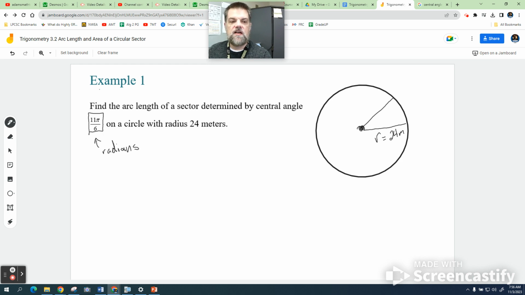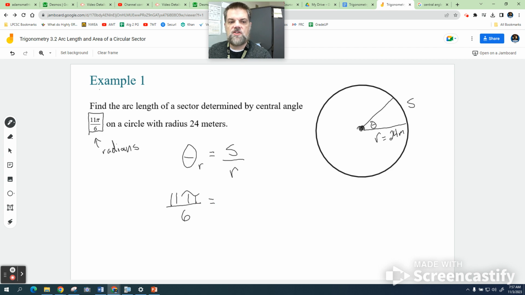Yeah, that's s over r. So remember that theta in radians, same thing though, you would go back to yesterday's notes and you would find that the arc length over the radius, this is the relationship between them, right? And remember, this is our arc length here, and then our central angle theta is here. Well, we know that the central angle is 11 pi over 6 in radians.